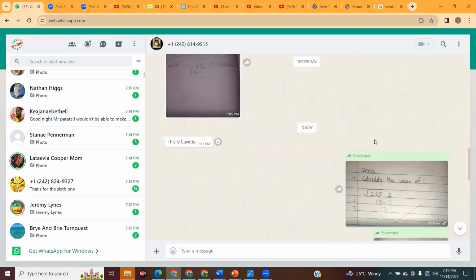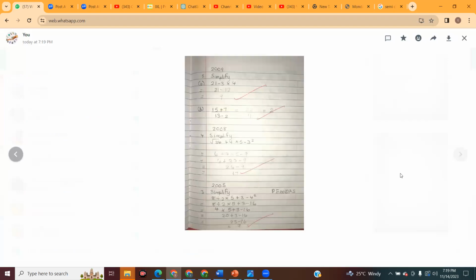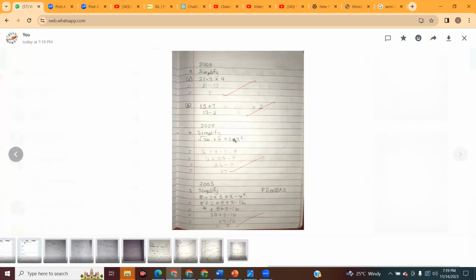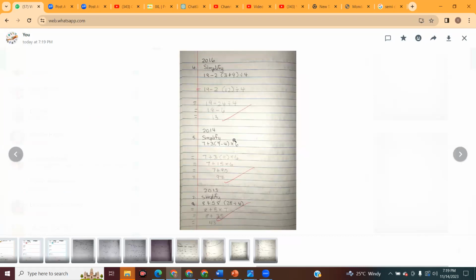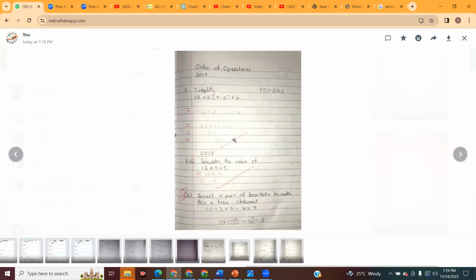Look at it carefully, KVAT. Look at this writing. You see how neat it is? Step by step by step. That's how I want it to be. This one, please skip that. But the other ones, you do it just like that. All right. Good.